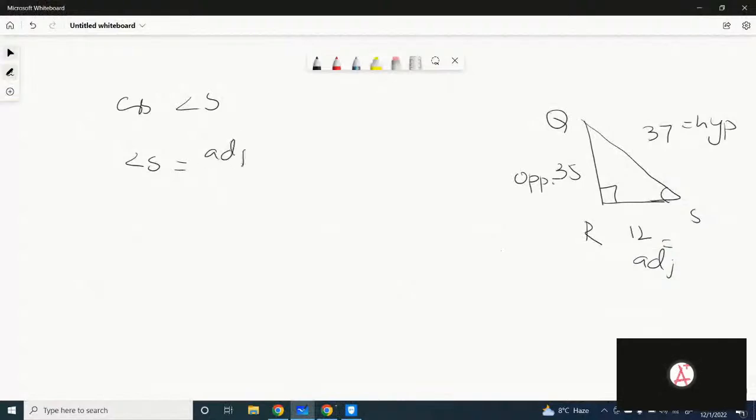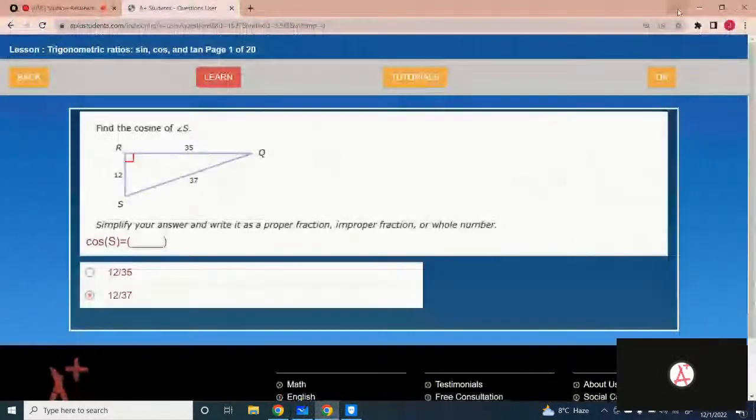Adjacent is 12 and hypotenuse is 37, so cos of angle S is 12 divided by 37. You don't have to calculate the values. So select the correct option and then click on the button. It would be 12 over 37.